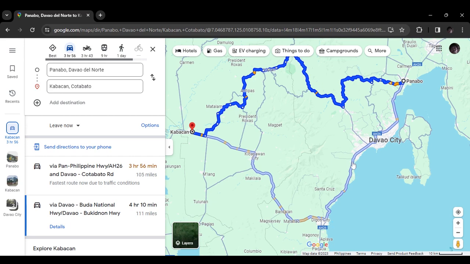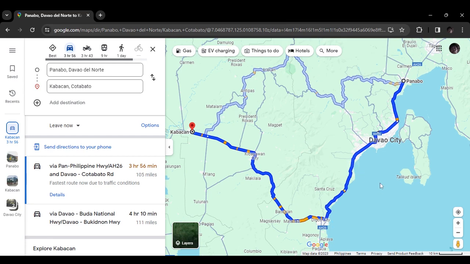Now, Google Maps will give you the exact distance that we can travel from Panabo to Kabacan. Here in our first path, which is Panabo, Davao City, up until Kabacan, the distance is 105 miles. This is the fastest route because it would only take us 3 hours and 56 minutes.